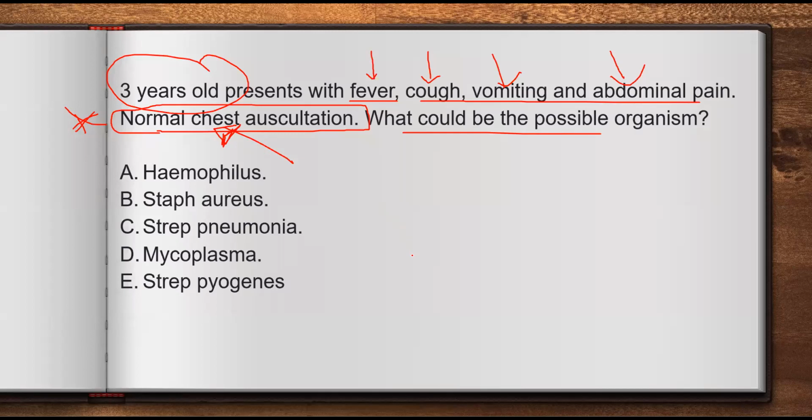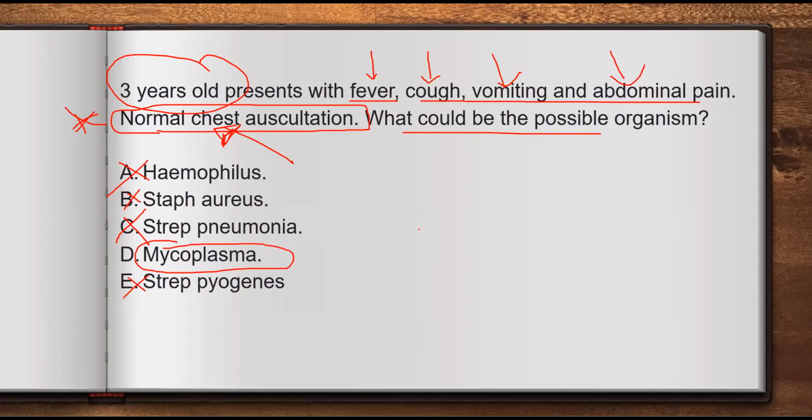Features of consolidation should be there in a chest X-ray or examination. So it's not Streptococcus pneumoniae, the most common cause of bacterial pneumonia. Streptococcus pyogenes, not likely. Haemophilus, not likely. Staph aureus, very uncommon to cause pneumonia. But atypical pneumonia, the most common cause is mycoplasma.